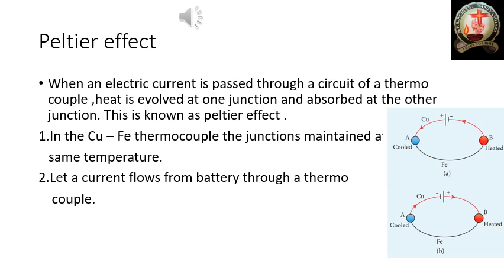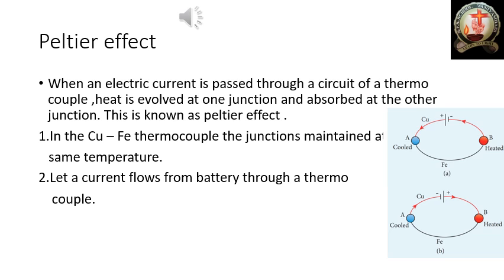Now, what is our point here? When an electric current is passed through a circuit of a thermocouple, at that time, what happens? Heat is evolved at one junction and absorbed at the other junction.